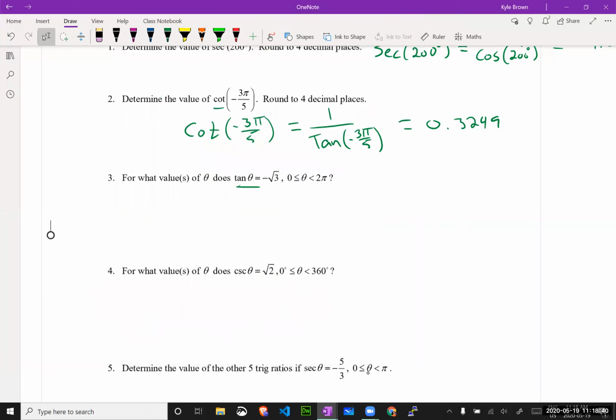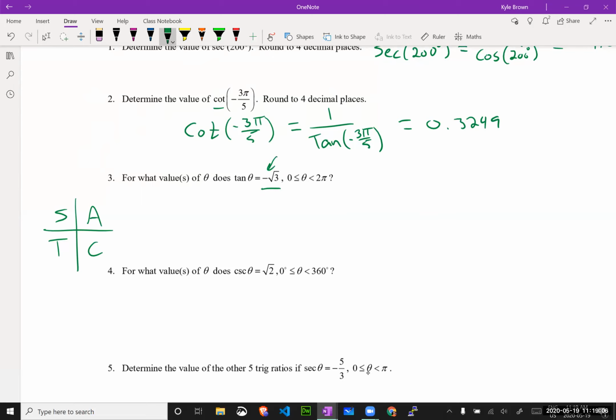All right, so I want to come up with negative root 3. Now this will be a little bit of review. Do you guys remember from last year the cast rule? This might be helpful to get us going on this. This will probably make a bit more sense now that you guys have been doing this, why the cast rule makes sense. So this is saying that tan is negative.